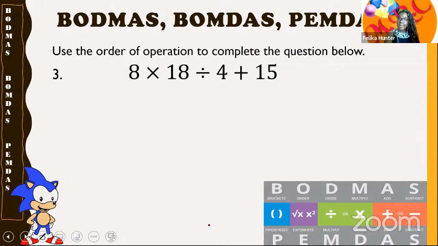So here goes the next one. Who can tell me what we do first? Based on the rules, which of the operations am I going to do first?